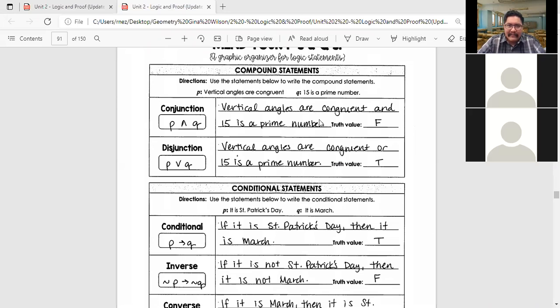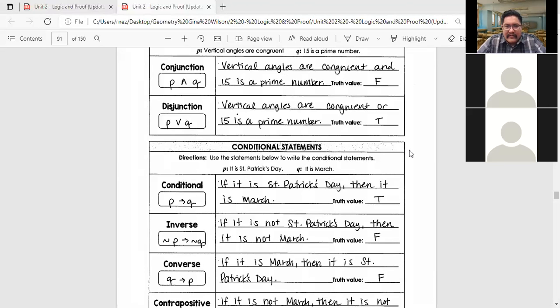If you only get mashed potatoes, I mean, you could live with it, but it wouldn't be as good if it didn't have the gravy. Or if they gave you gravy with no mashed potatoes, well, I guess you could use it as a dip. But either way, it's not as good. So they have to go together pretty much. And in that case, it would be true because vertical angles are congruent. Even though 15 is not a prime number, we only need one of those statements to be true for the whole statement to be true.